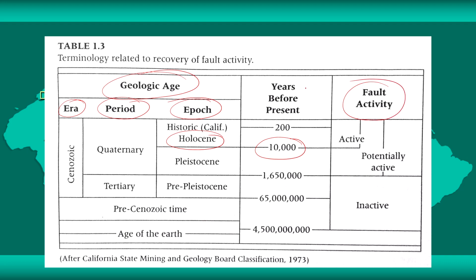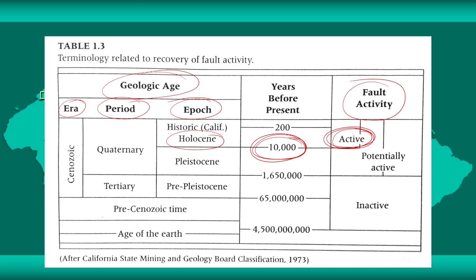And in terms of fault activity, if we have to classify that, then this is the part which we call the active faults. Any faulting or any deformation which has occurred in the past 10,000 years, we term as active tectonics.